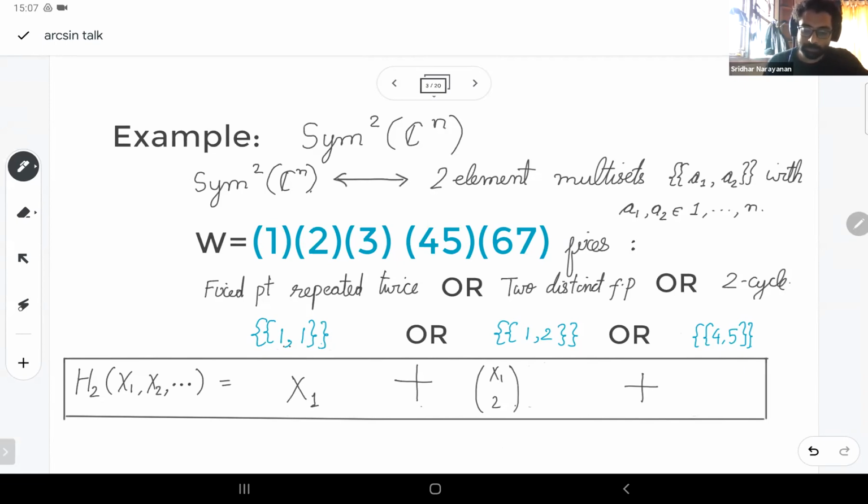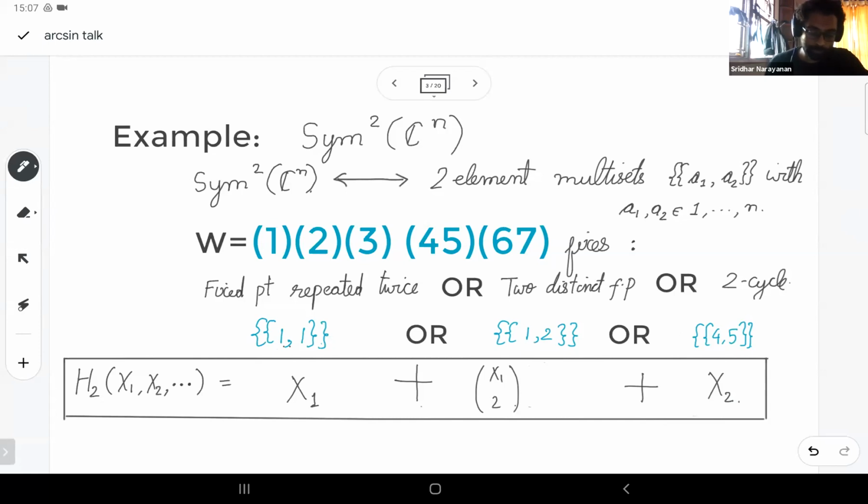The third type of multiset is obtained by picking a 2 cycle, and then the elements of the multiset are simply the elements of the cycle. And so we must pick a single 2 cycle. So this is the character polynomial of Sym^2 C^n.